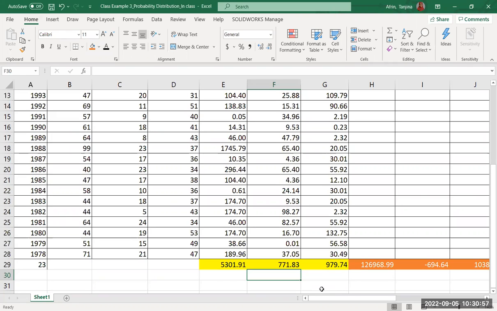Once you get all the values, find out the number. So once you got that number, now you have the square term.